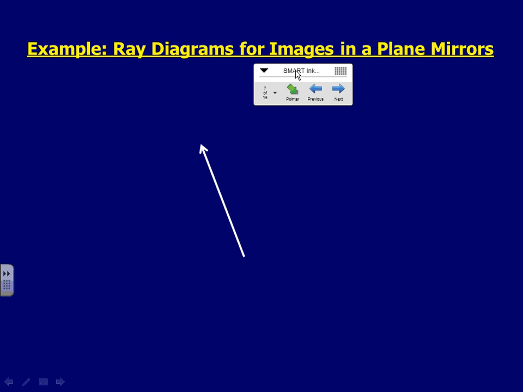Now let's talk a little bit about the way our brains work. Our brains are excellent at following rays of light back to where they spread out from. So when a ray of light hits you in the face, the rays spread out, say from the tip of your nose. And when I look at the tip of your nose, which is a little weird, I guess, the reason my brain can locate your nose is because it's very good at following the rays back to the point of origin.